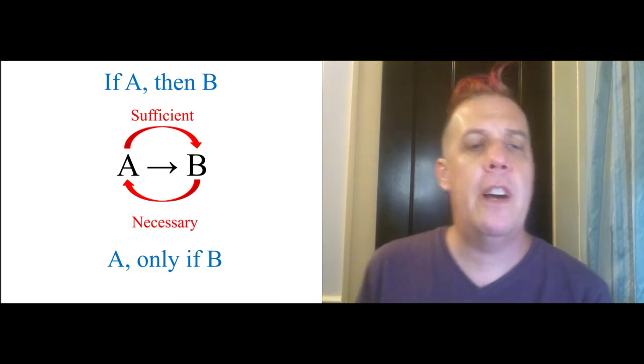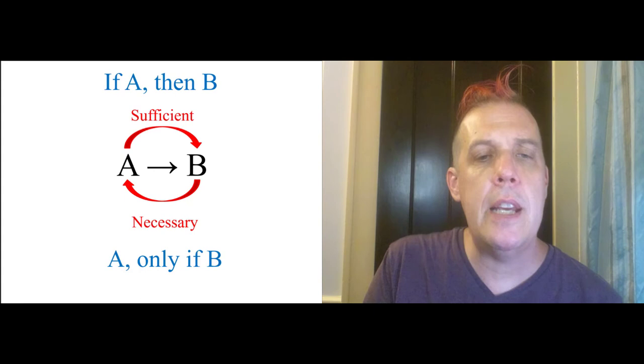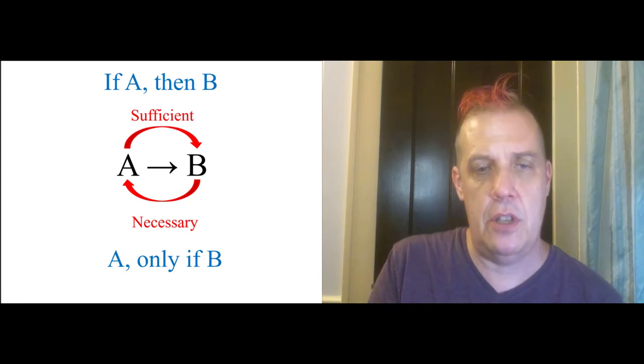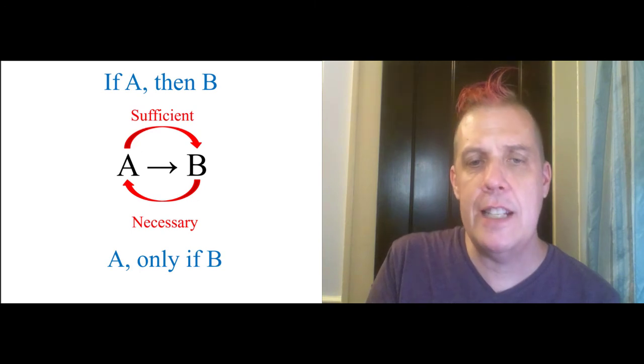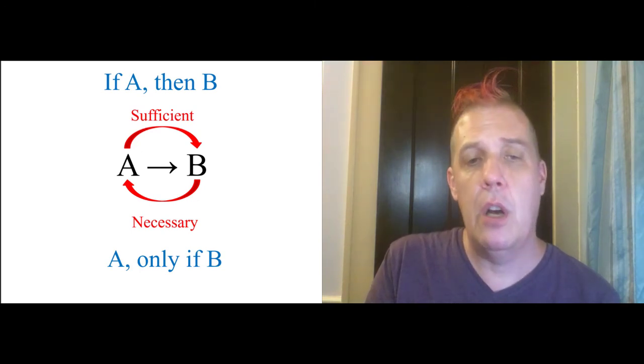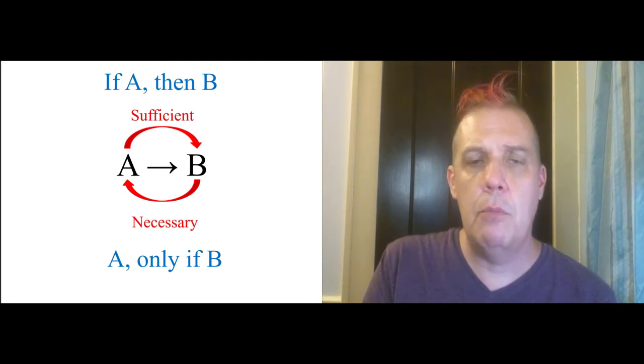Only if is different. If I say A only if B, now B isn't a sufficient condition. It's a necessary condition. It's something I need, but I may also need to do other things. So actually having 5 quarters is necessary, but it's not sufficient.